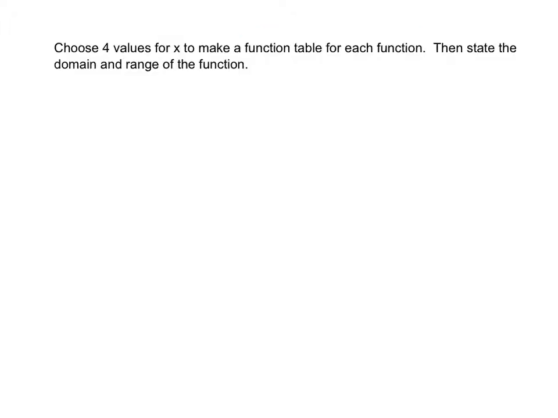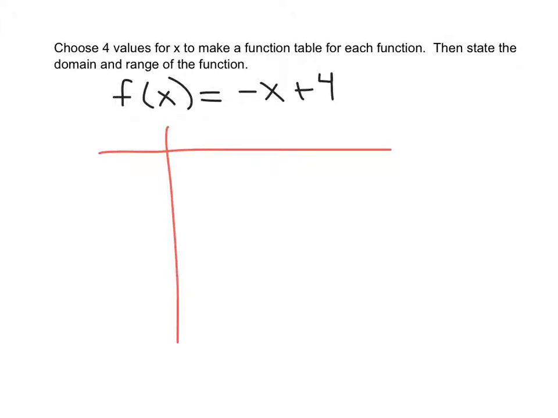Last one we're going to do today. This question asks you to choose 4 values for x to make a function table for each function, and our function is going to be f of x equals -x plus 4. Now, to make your function table, again, we're going to have 3 columns.